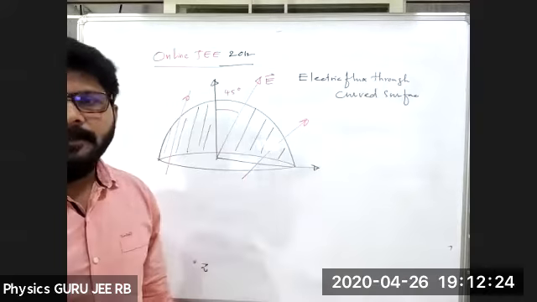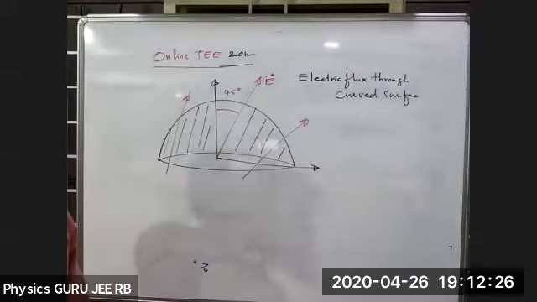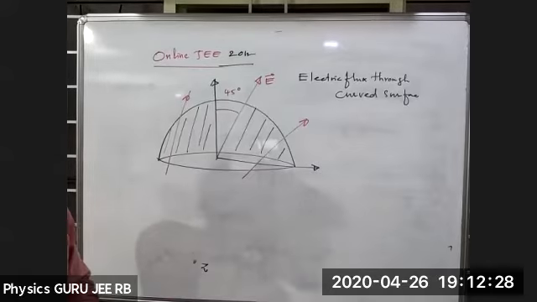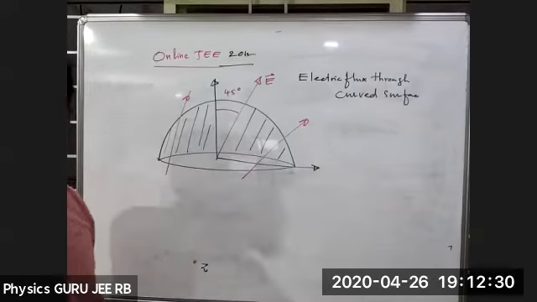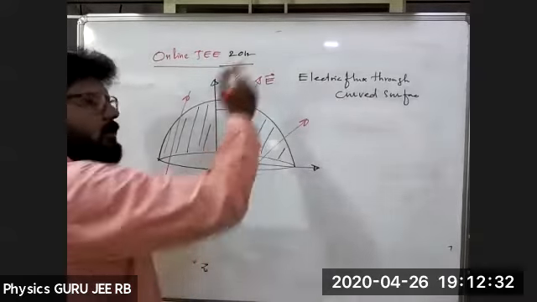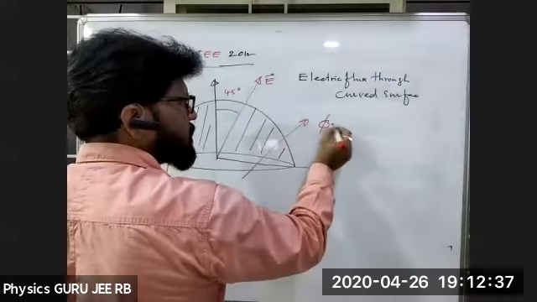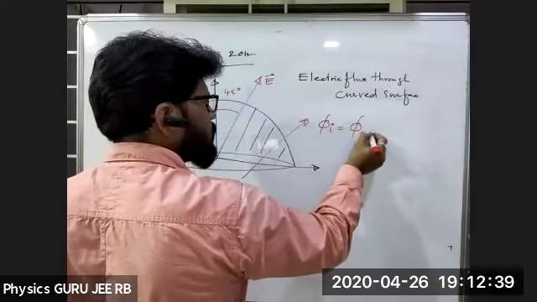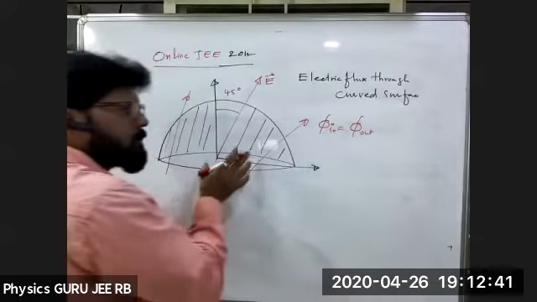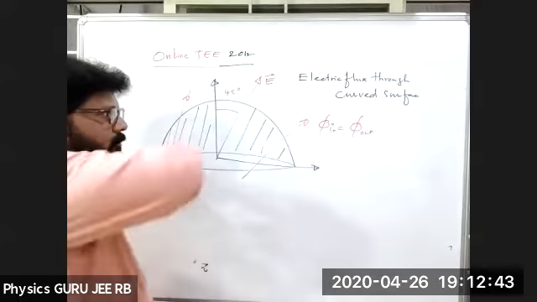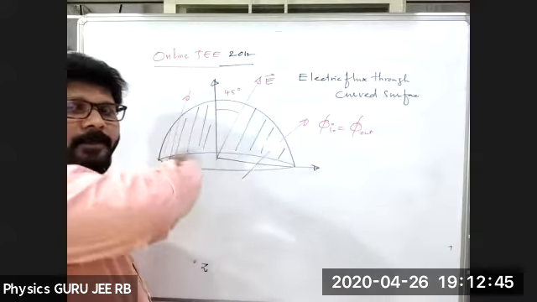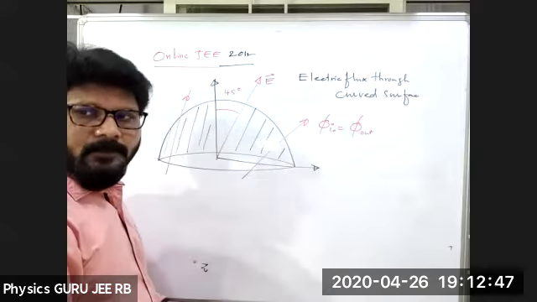We have to take that, and that will give the solution for the question, right? So flux inside is equal to flux outside. Whatever is entering will be coming outside. That much will be coming out through the particular curved surface.